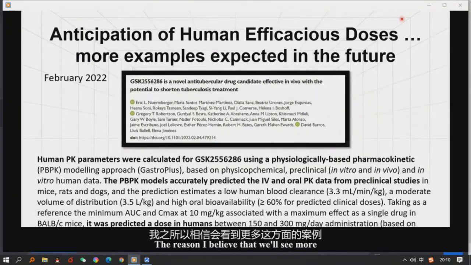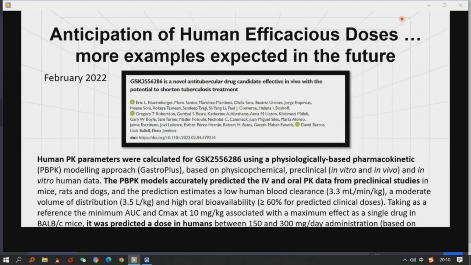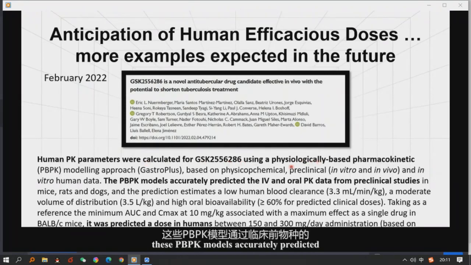The reason I believe that we'll see more examples of anticipation of human efficacious doses using PBPK is that we're starting to see them now. So this publication came out in February of this year, and this publication was from GSK, talking about their compound 2556286. So here, human PK parameters were calculated for the compound using PBPK.